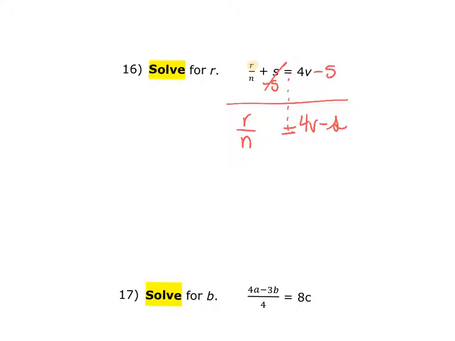And then to get r alone, I need to undo that division. So I am going to multiply by n on both sides. Remember, you're multiplying the entire expression by n. That leaves you r equals n times 4v minus s, and that's all you do. Boom, you're done.